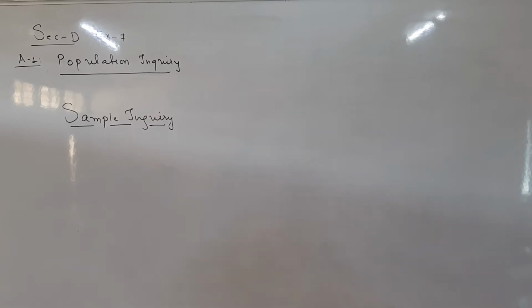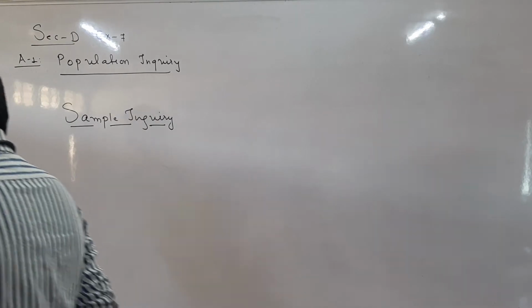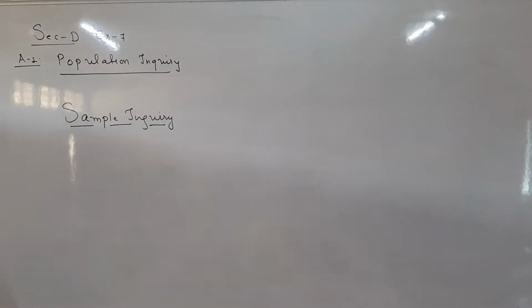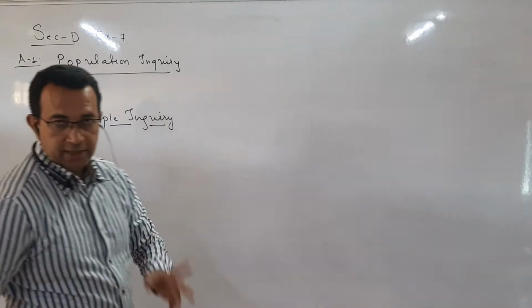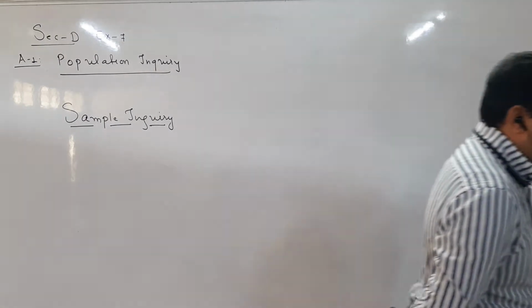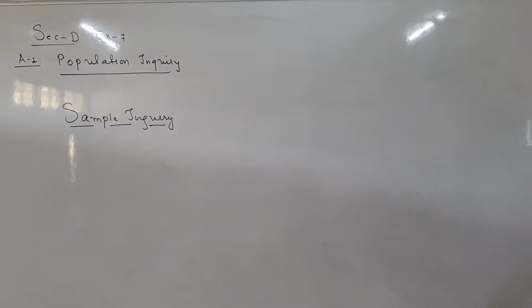A group of 5 students selected from a class of say 55 or 60 students, whatever you want to write, for a drawing competition. So these are the definitions of population inquiry and sample inquiry.